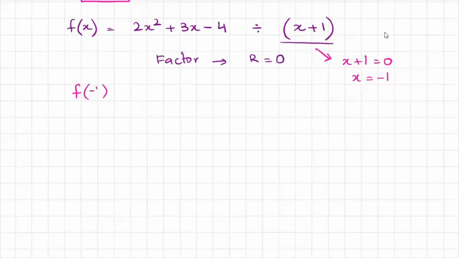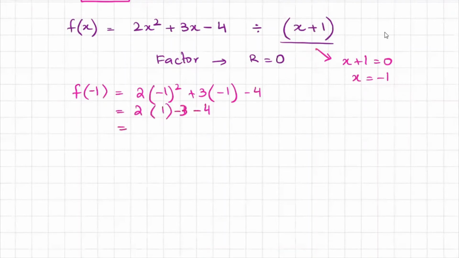I'm going to substitute minus 1 in my equation. So 2(-1) squared plus 3(-1) minus 4. Let's see. 2 times 1 minus 3 minus 4: 2 minus 3 is minus 1, minus 4 is minus 5. So I get a remainder of minus 5.